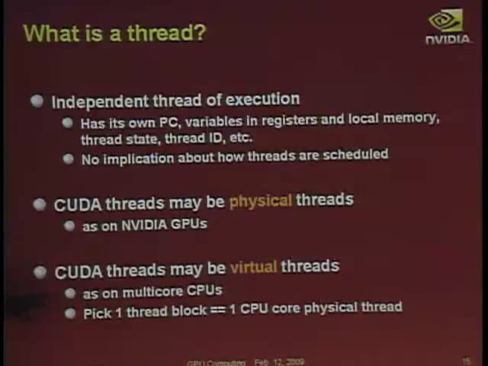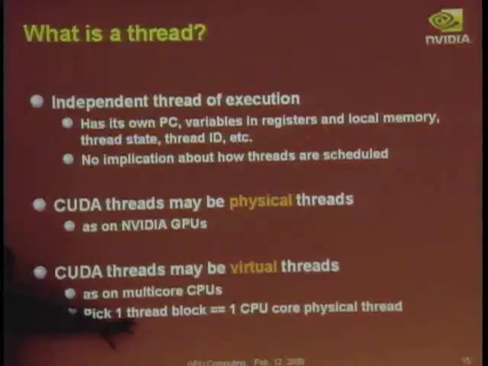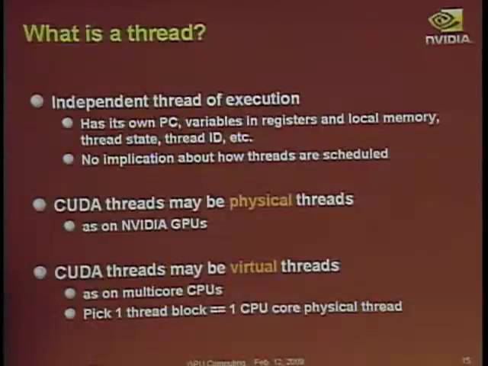When we run CUDA on a CPU, we implement virtual threads. For example, we actually implement a whole thread block, typically as a single CPU thread. And then we use vector instructions like SSE vector instructions, where each lane of a vector might be doing the work of a CUDA thread, a virtual thread.